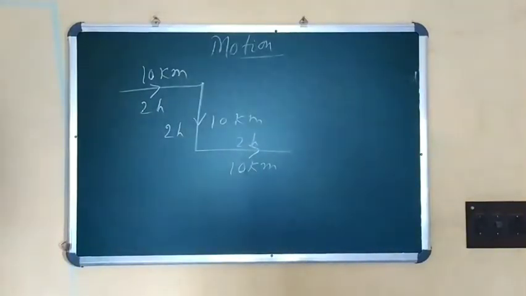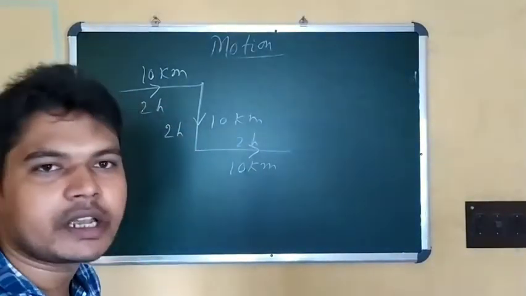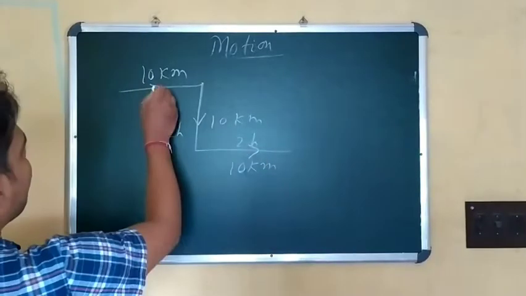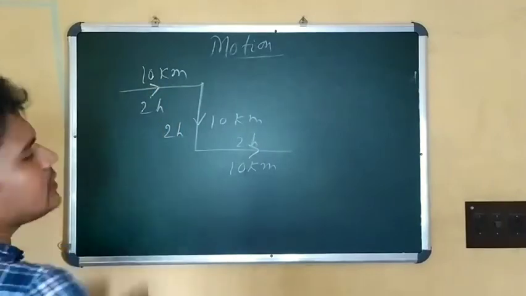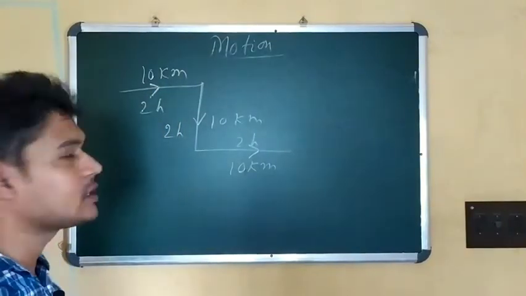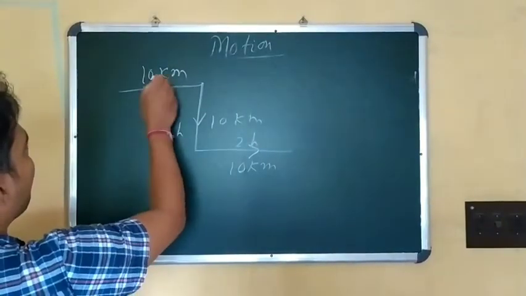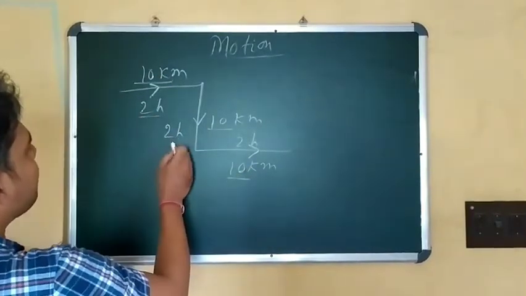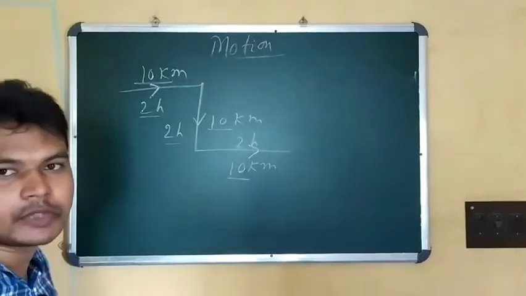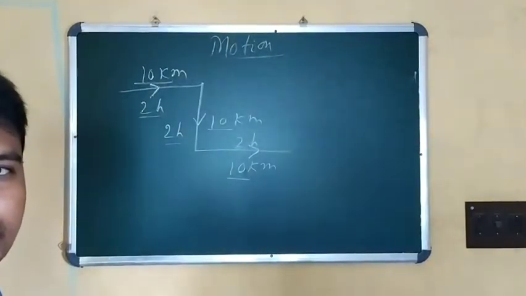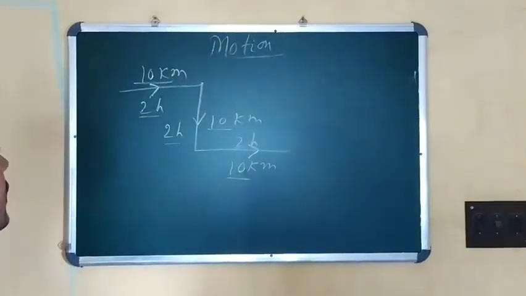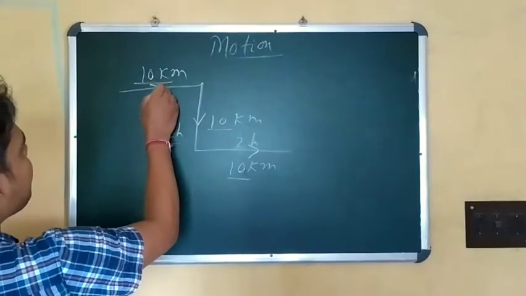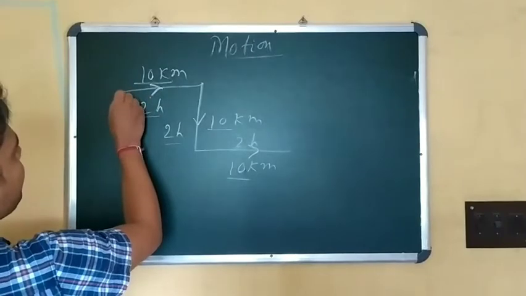Now you can say what will be the speed and velocity of this object in this case? Speed is a scalar quantity, there is no fixed direction, so you just count the total distance and the total time, then you can find out the average speed, but here you can get the specified velocity.